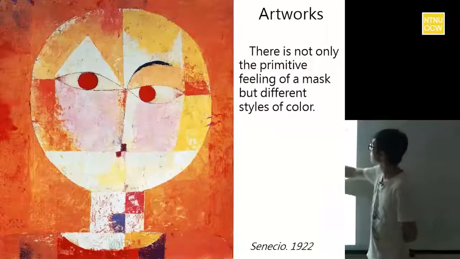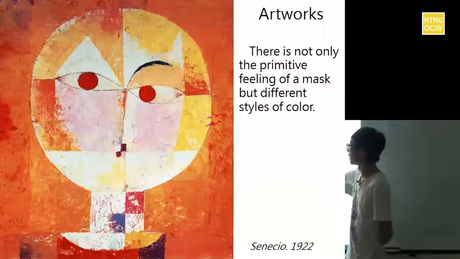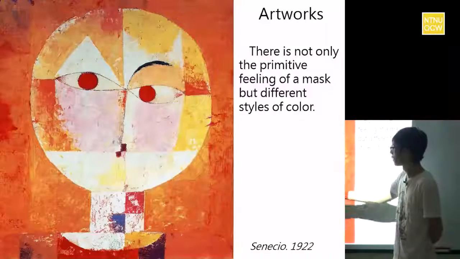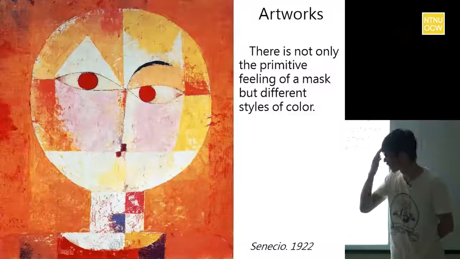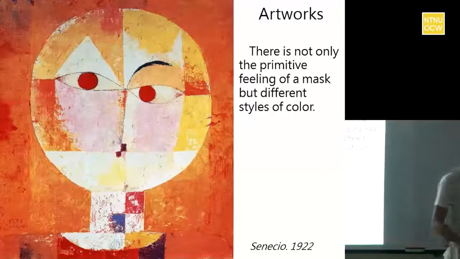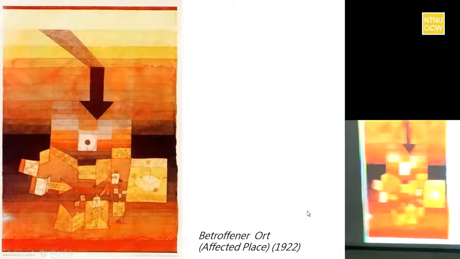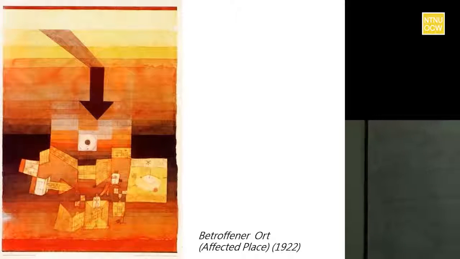So you can see there are many different colors in the picture and different squares and different geometric shapes. Yeah, some simple words: line, and shape.